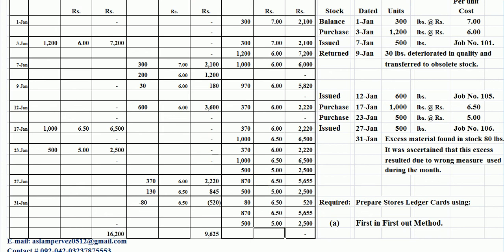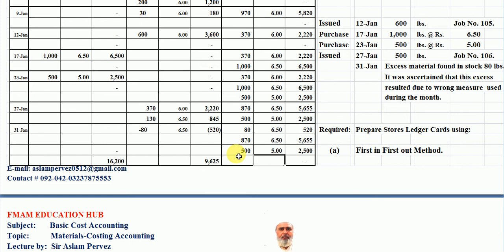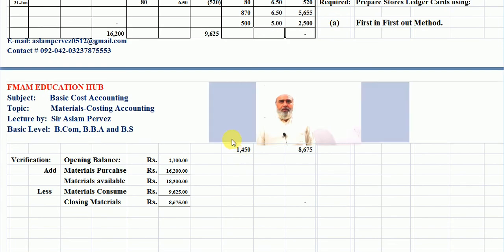Now you are looking, we have solved our problem with the above FIFO method. Now we check our verification here. Students, opening balance is 2100 rupees. The purchase amount is 16,200 rupees. Material available for use is 18,300 rupees.